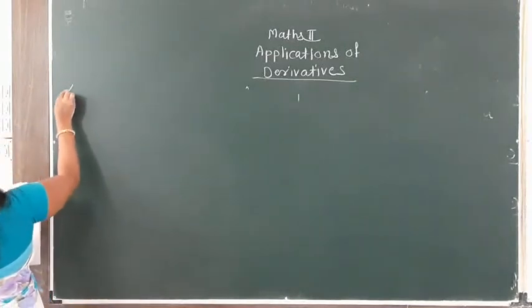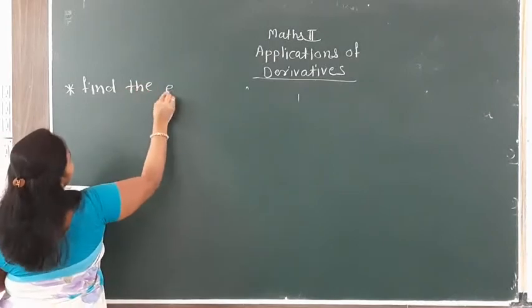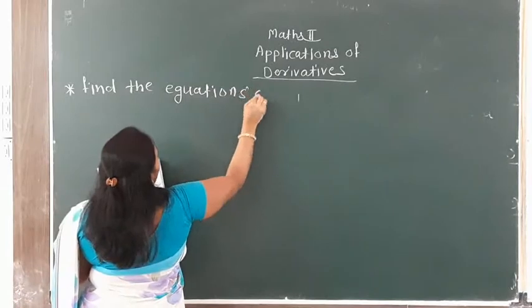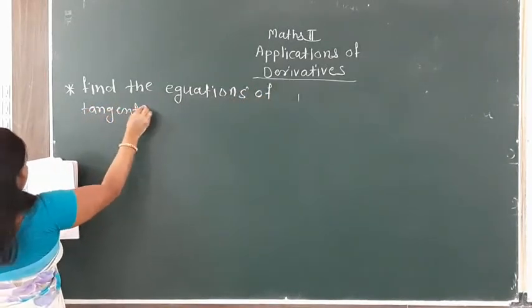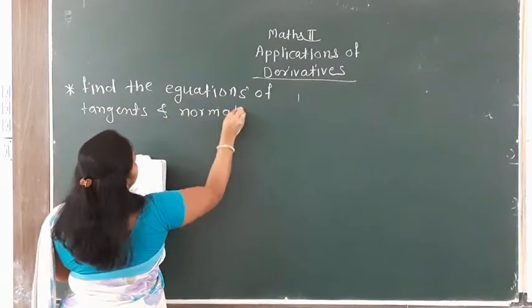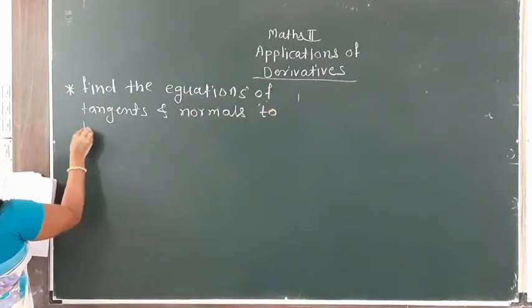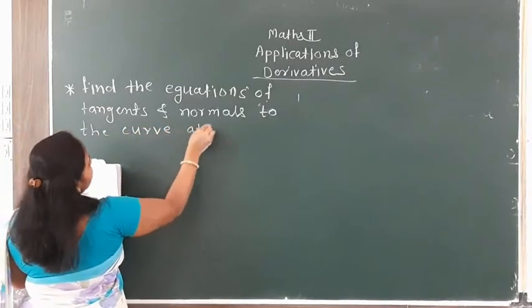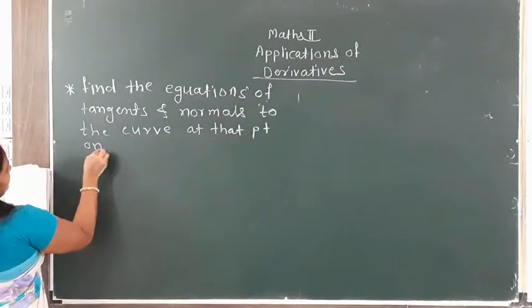So write down my first example. Find the equation of tangent and normal to the curve at that point on it.